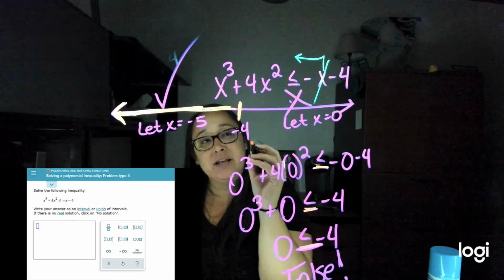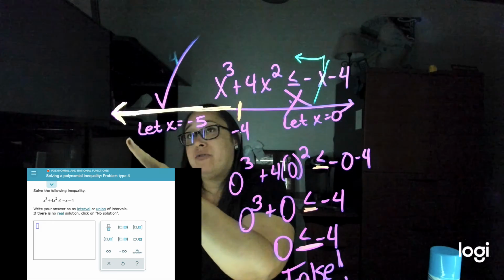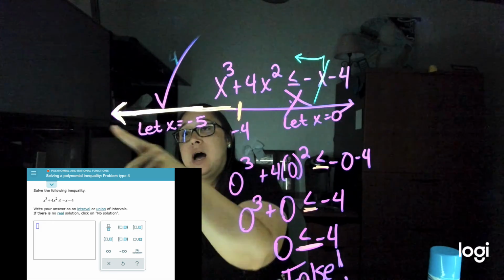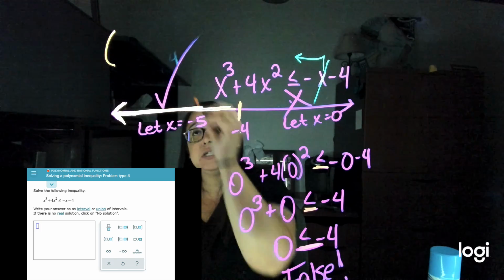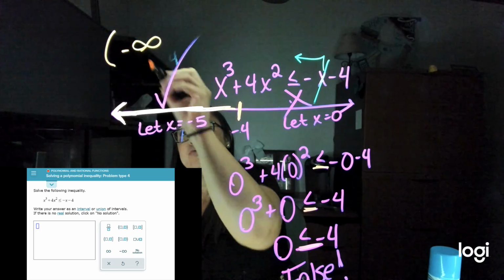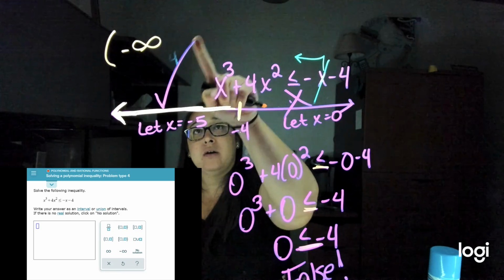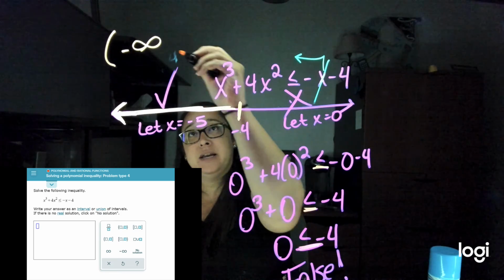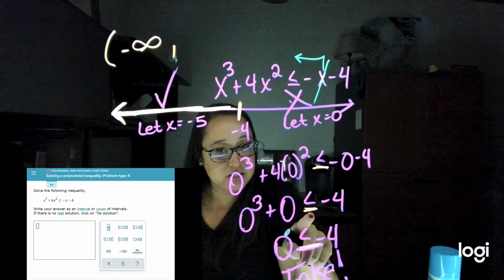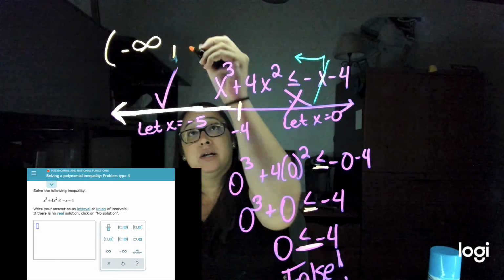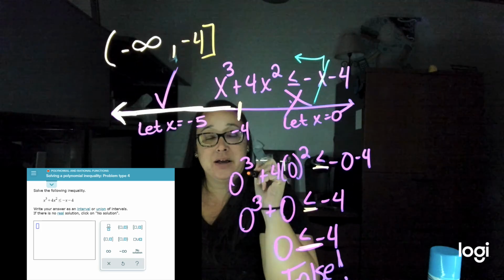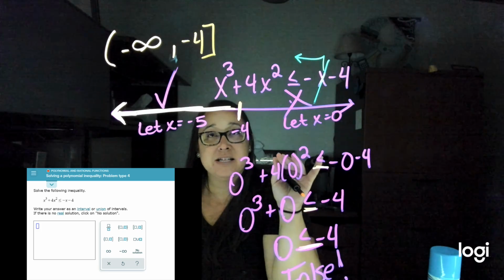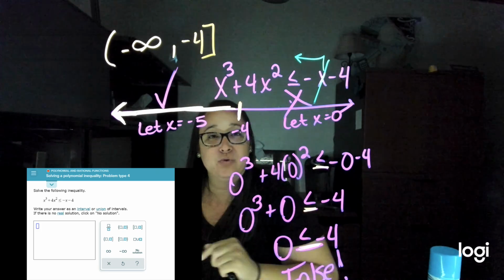So if I were to write this in interval notation, let's write it up here. That arrow means that my solution set goes all the way to negative infinity. But because I stop at -4 and because I have this equal to part on my inequality, I'm going to put -4 and a bracket, and that is it. That's my answer in interval notation.